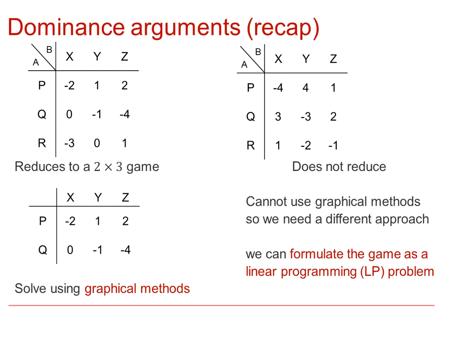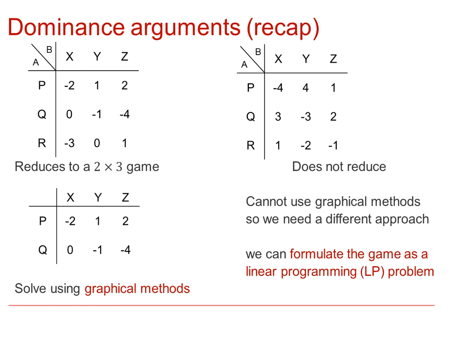So, for the payoff matrix on the left-hand side that we have reduced to a 2x3 game, we could now solve this using graphical methods, as shown in the previous game theory series. On the right-hand side, though, we have not been able to use dominance arguments to reduce the 3x3 payoff matrix, and so we can't use graphical methods and we need a different approach.